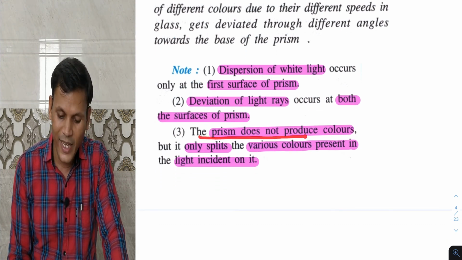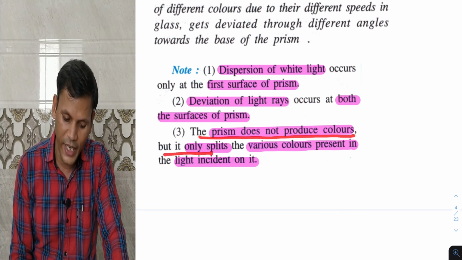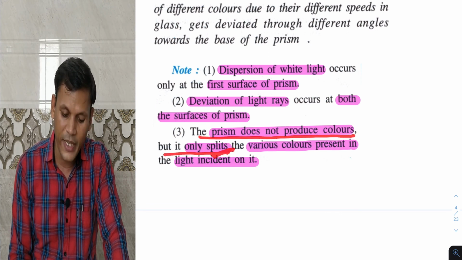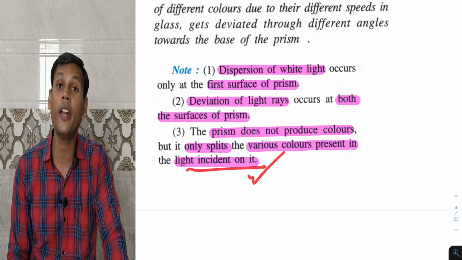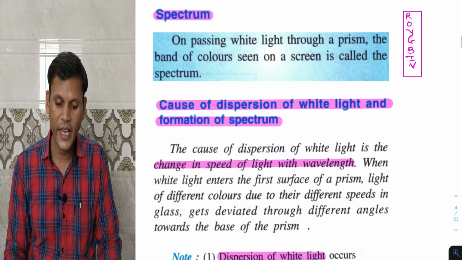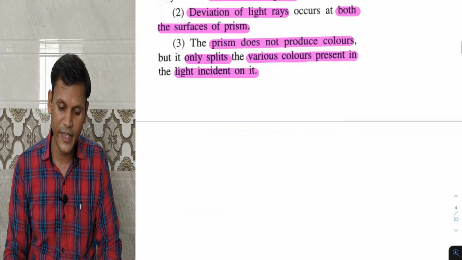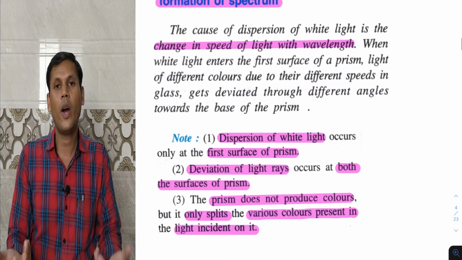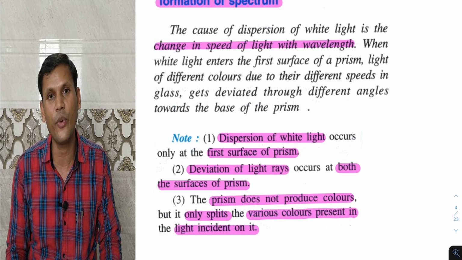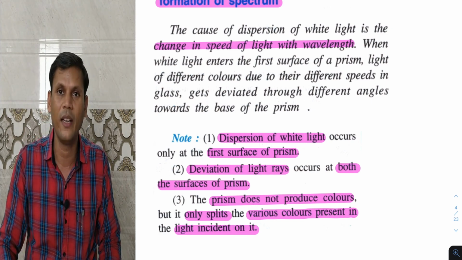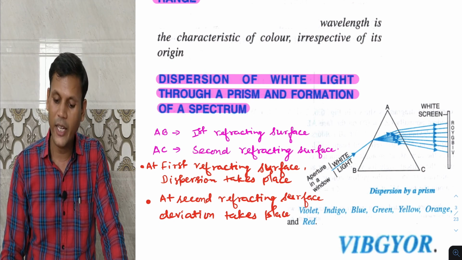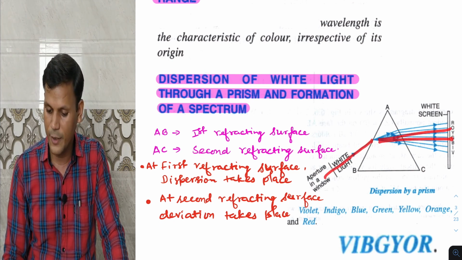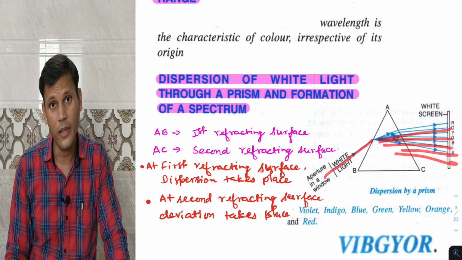The prism does not produce colors, but it only splits the various colors present in the light incident on it. Because when white light enters the prism, white light consists of the 7 constituent colors, so that will split only, right? So during dispersion, white light splits into 7 constituent colors.